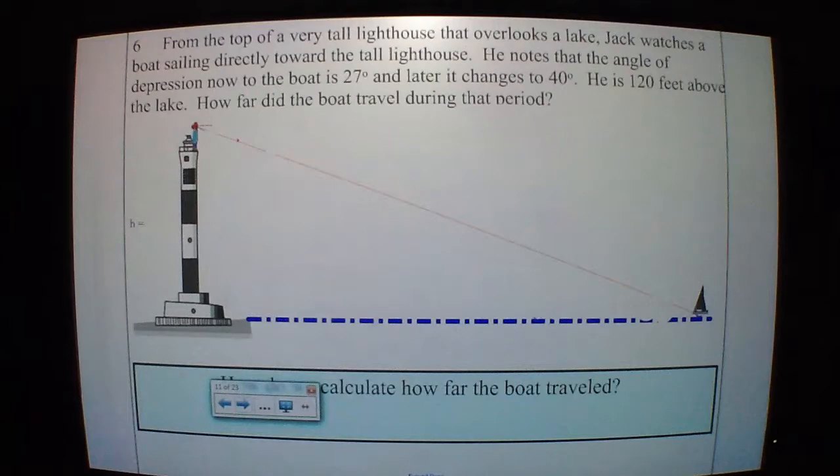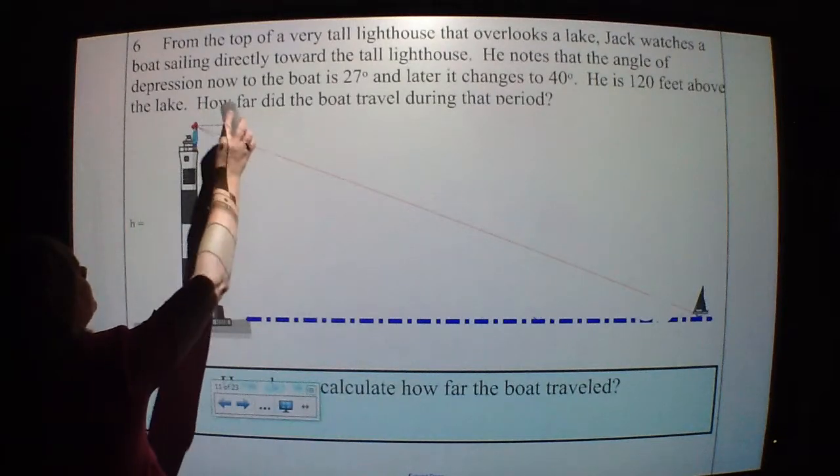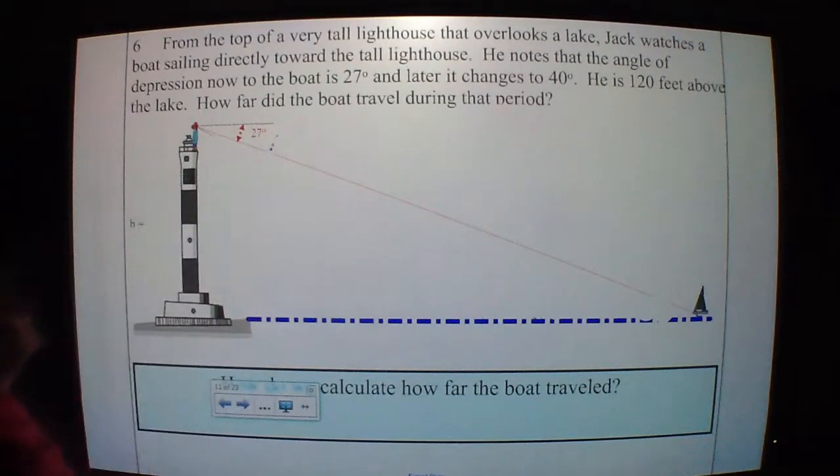From the top of a very tall lighthouse, so there's my lighthouse, overlooking a lake, so that blue dotted line is my lake. Jack, see Jack's on top of that lighthouse, and he's watching a boat sailing directly towards the lighthouse. So there's that boat out there. He notes that the angle of depression, so this angle down here, is 27 degrees.